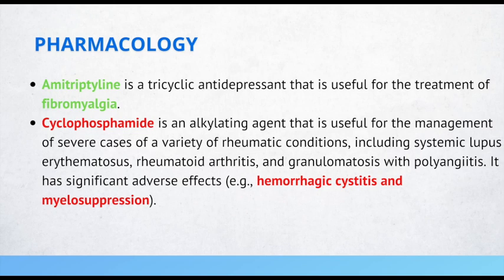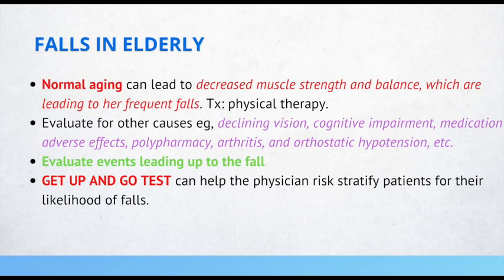It has significant adverse effects, for example, hemorrhagic cystitis and myelosuppression. So basically, I just wanted to highlight 2 drugs that are used in rheumatologic conditions or chronic pain conditions, and also to highlight some of their adverse effects that can present on your exam as well.